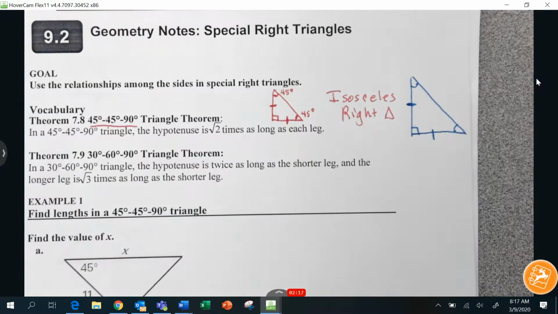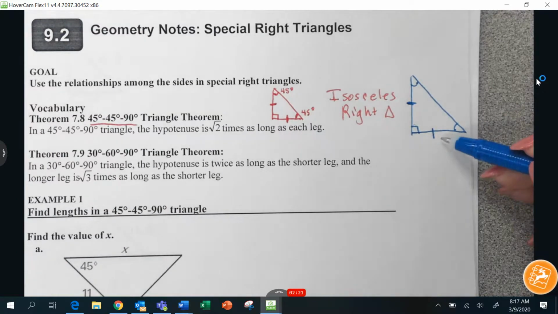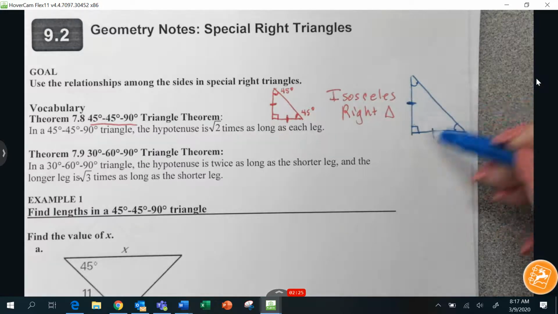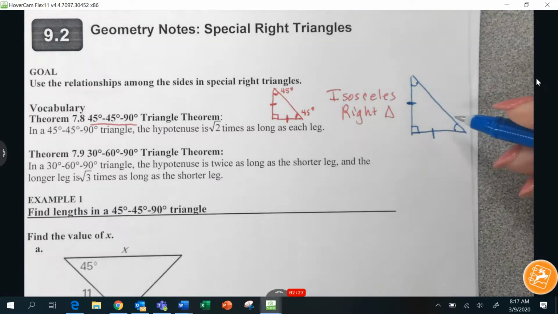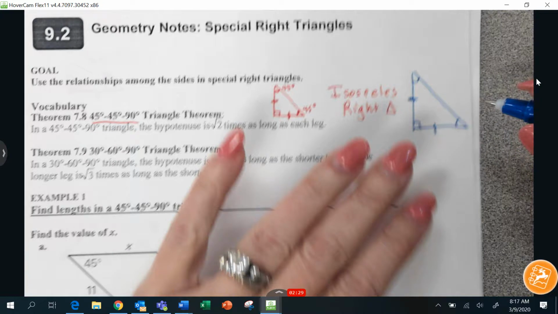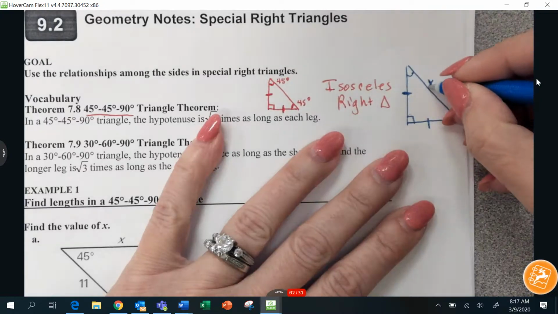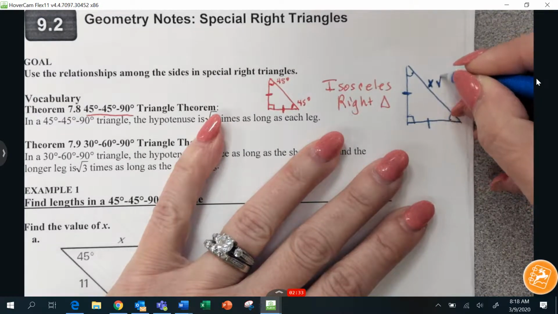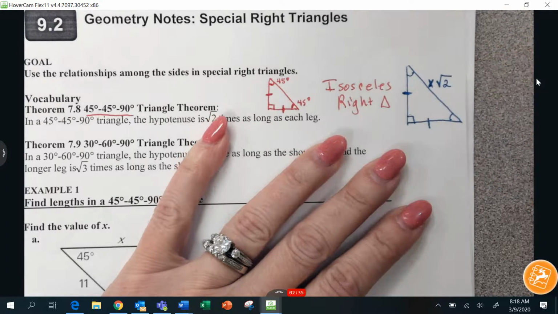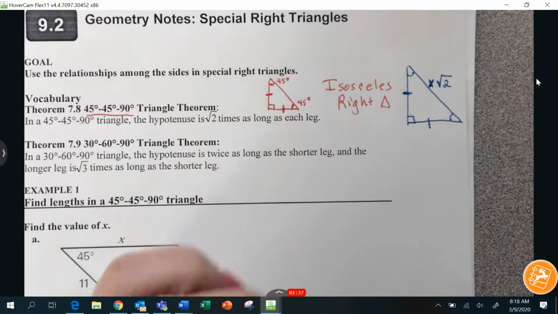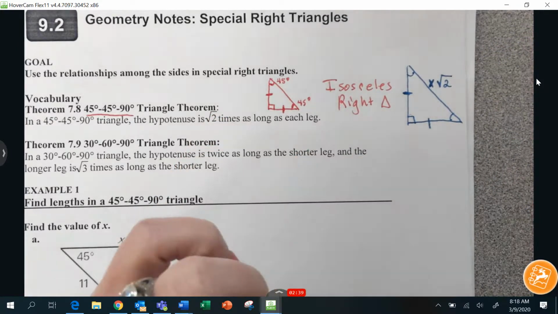No matter what, the same ratio happens when you compare the side lengths, or the legs, with the hypotenuse. The hypotenuse is always some number multiplied by a radical 2.